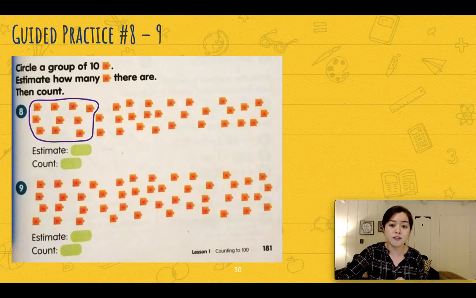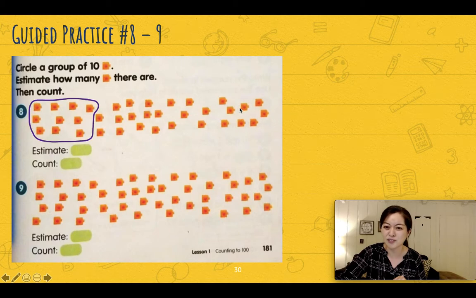So for me, first off, I'm going to circle exactly one group of 10 linking cubes. 1, 2, 3, 4, 5, 6, 7, 8, 9, and 10. Now with this size shape, I'm going to see how many of that exact same shape I can make in this picture that'll cover all my linking cubes. So maybe I have 1, 2, maybe 3, and then half of that, right?